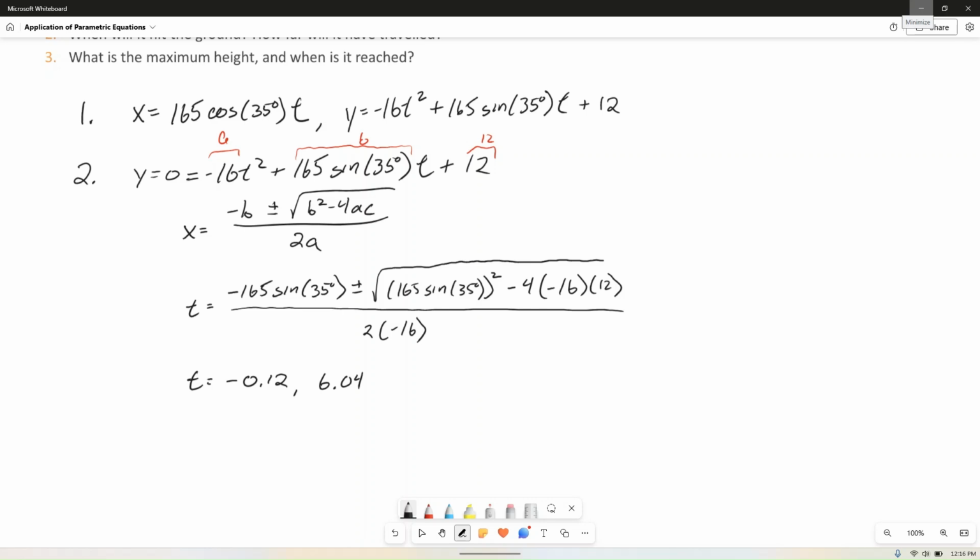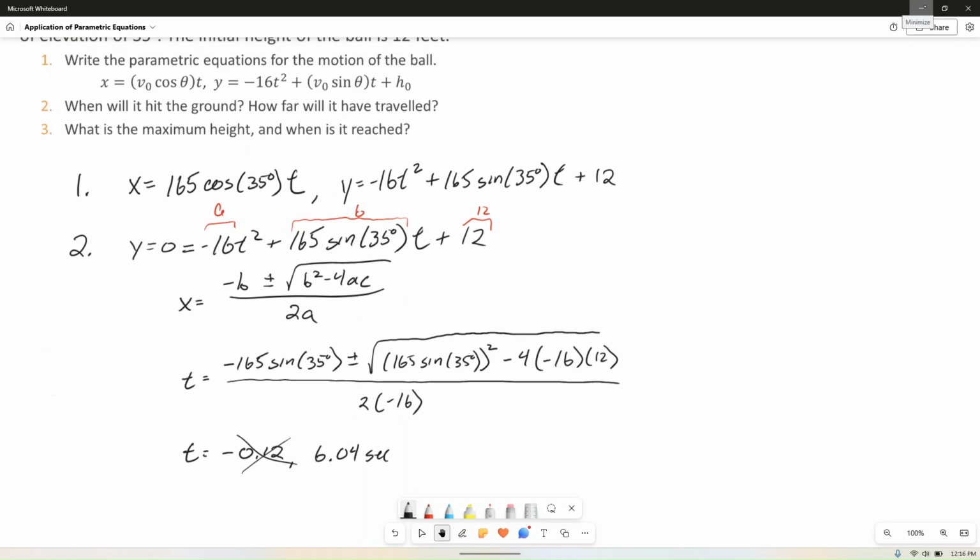So really talking about this negative value doesn't matter. It's actually if you were to go backwards in time when the ball would fall down and hit the ground, but we don't need that. So it's going to take 6.04 seconds for this ball to reach the ground from where we hit it.